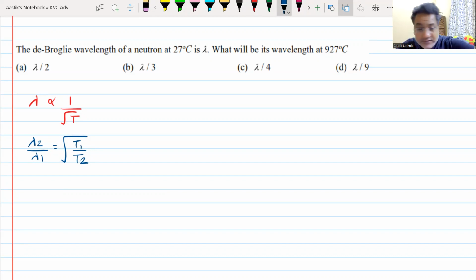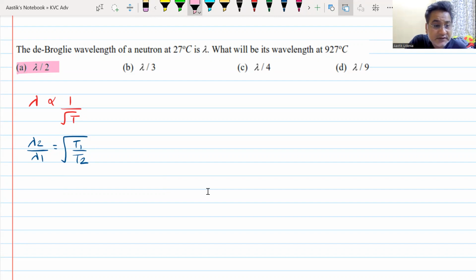Yes or no? Yes, sir. So it becomes 1 by 4. Root of 1 by 4 is half. So the wavelength has to become half, and that is the answer that we are looking at. Everyone understands this? Yes, sir.